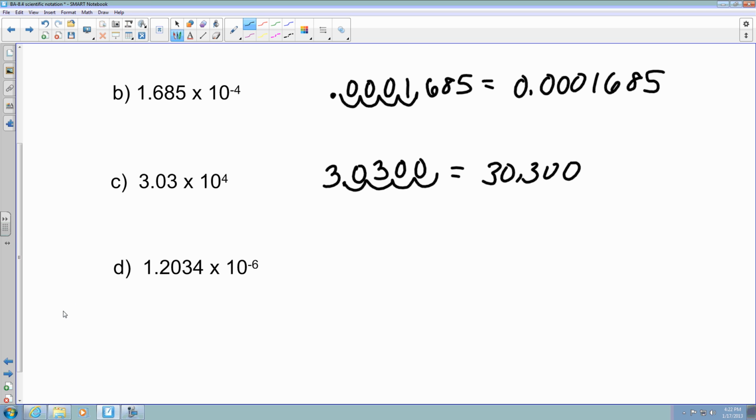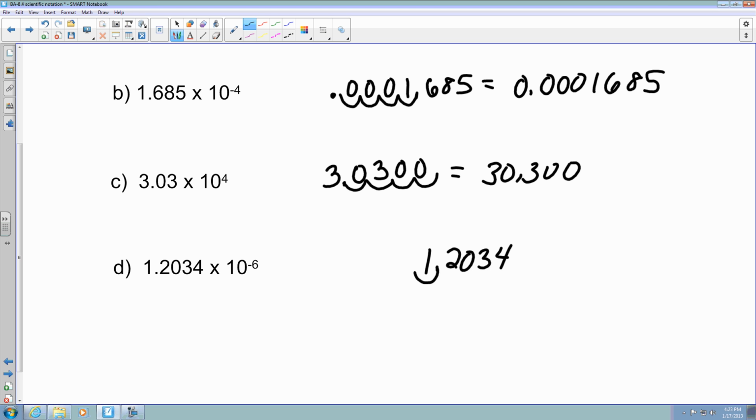Last example on this page, I have 1.2034. It's times 10 to the negative 6. Negative 6 means this is going to be a value that is less than 1, so it's going to be moved to the left-hand side of our number digits. So I'm going to move it six places to the left.